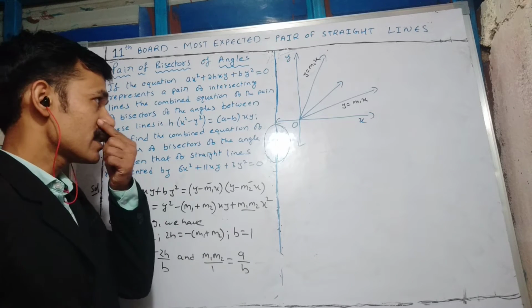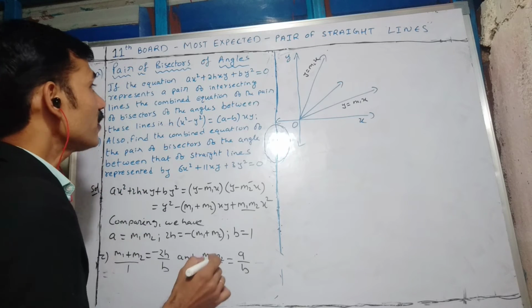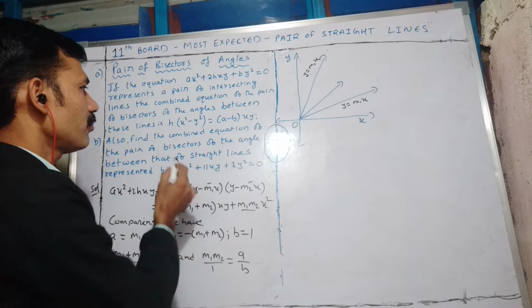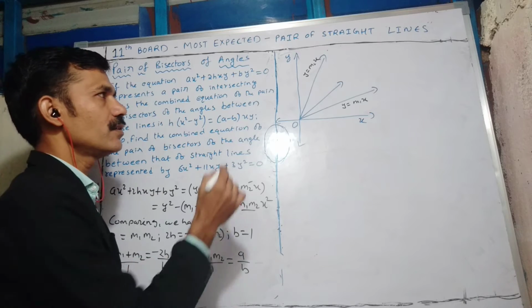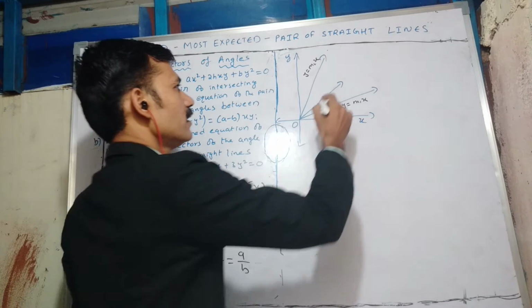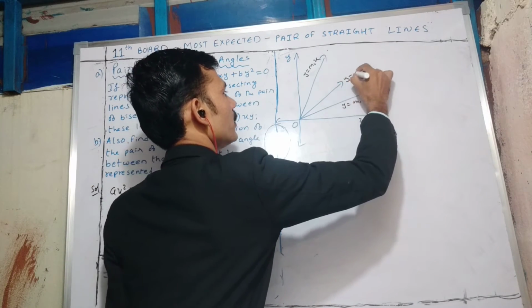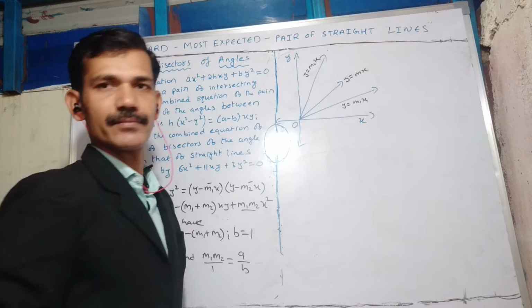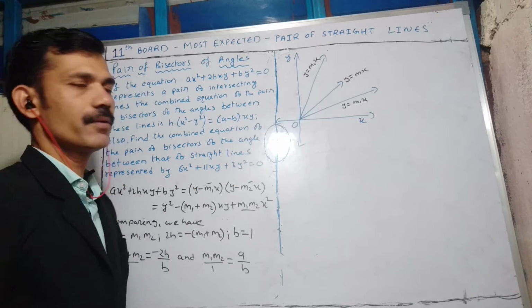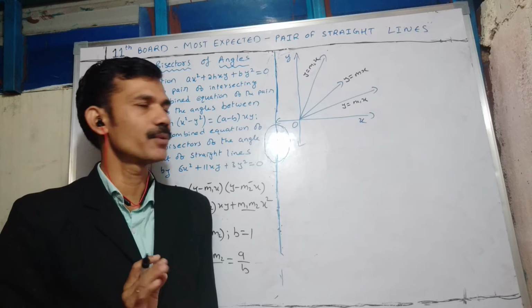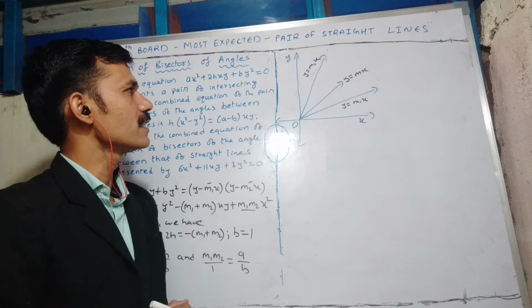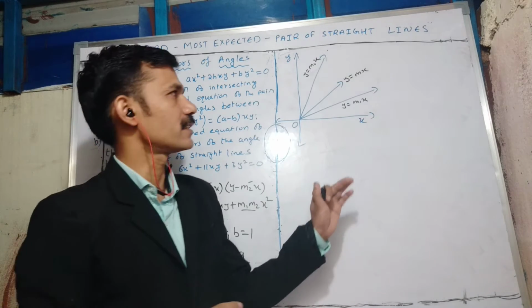Okay. Next see, we have to find the combined equation of the pair of bisectors, no? One of the angle bisectors, we can take as y equal to mx. Okay, one of the angle bisectors I am taking y equal to mx. Now first I will write the thetas.